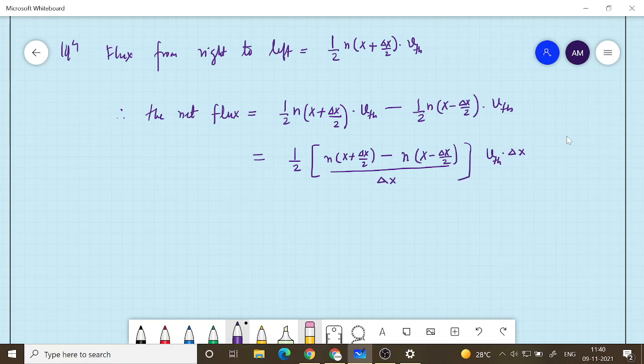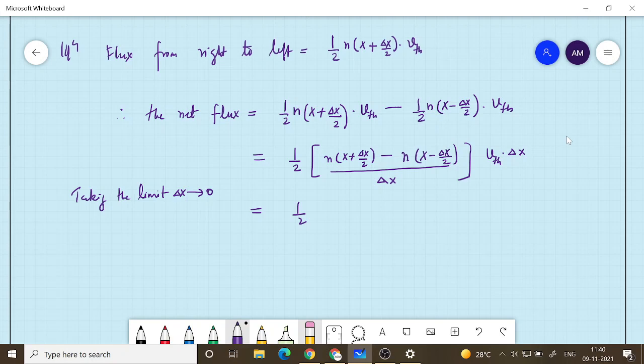Okay, now then if you take the limit of this quantity, taking the limit delta x goes to 0.